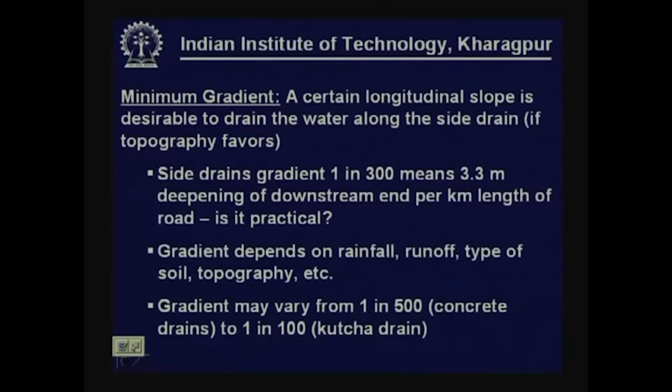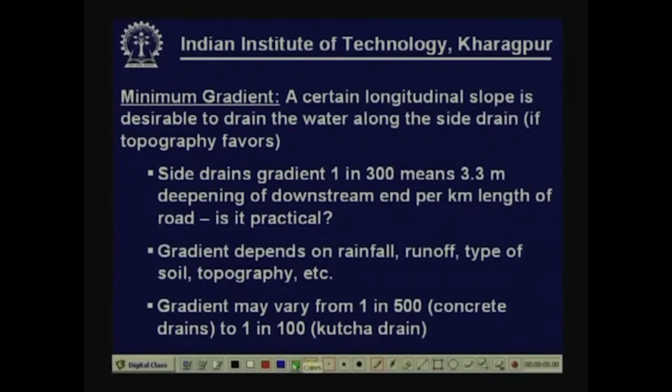That means in 1 kilometer length, you need basically 3.3 meter deepening of downstream. Is it practical? Probably the answer is no. It is extremely difficult to maintain that kind of gradient by earthwork.